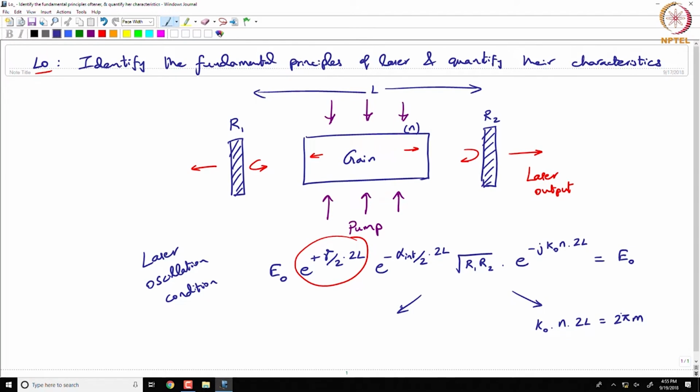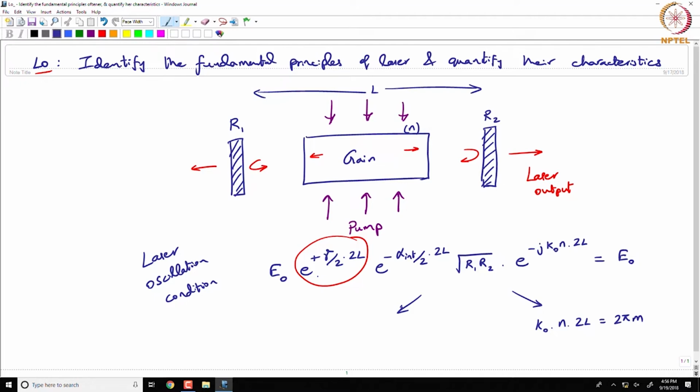So, that is basically the constructive interference condition. The phase will be satisfied if k naught multiplied by n multiplied by 2l equals 2 pi m, and then the remaining part, the amplitude, is going to be satisfied when this exponential term e power gamma l multiplied by e power minus alpha int l multiplied by root of r1 r2 equals 1. That is the other condition that we get.